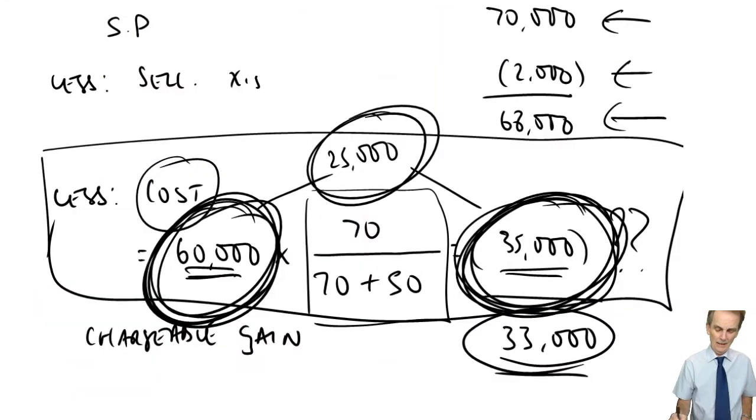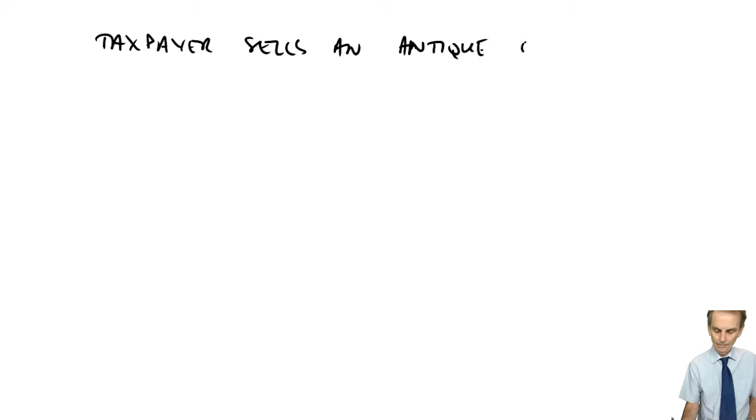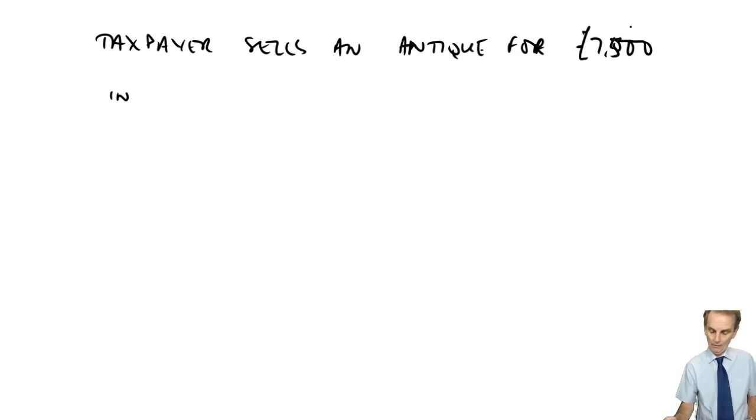So let's just again go to a bit of blank paper here, and you are told this. We're told a taxpayer sells an antique for, let's say, £7,000. Now let's make that 7,500.